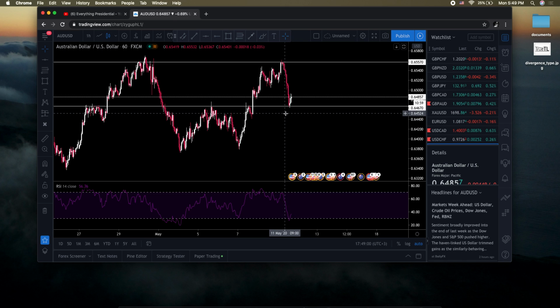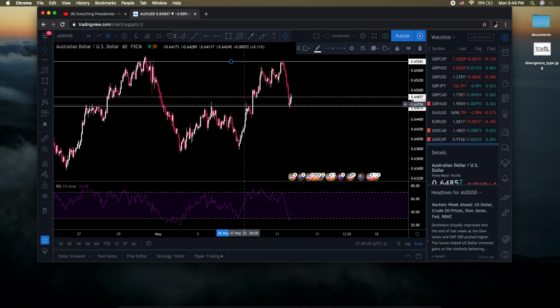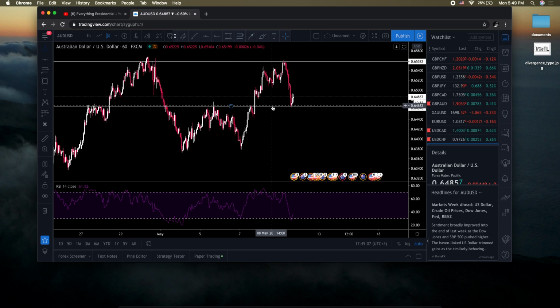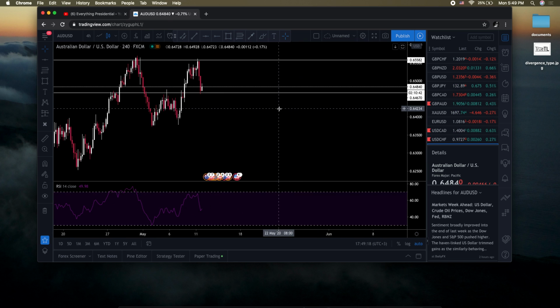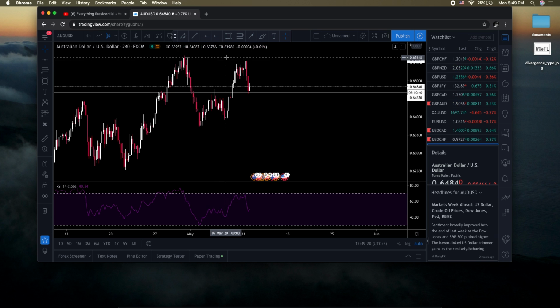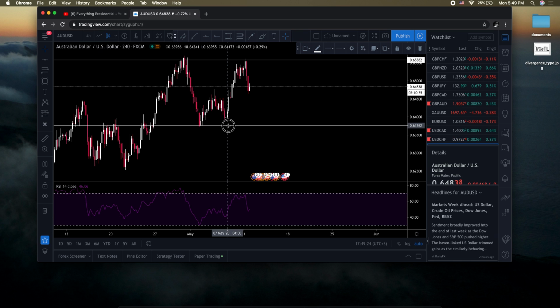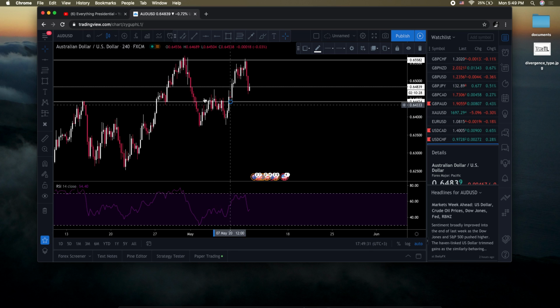Now, you pick your support, you pick your resistance, you have those two marked out on your chart. The bigger time frame you go to, the more accurate the support and resistance becomes. For example, we have a resistance here, yes, but the support that makes more sense is this one and not this one, because this is something in between.